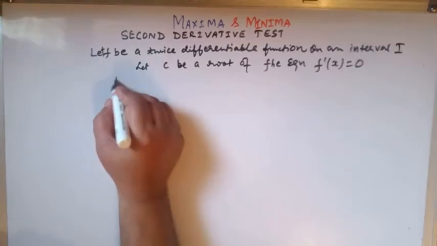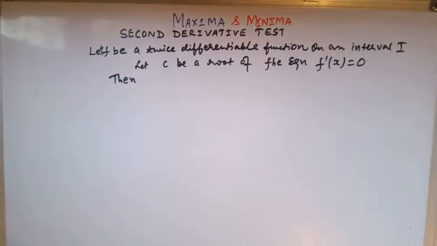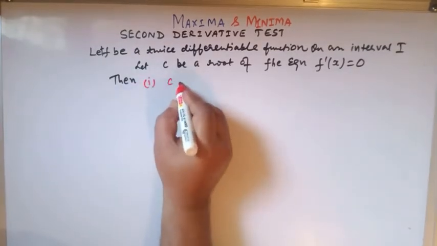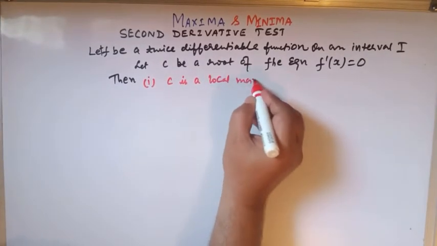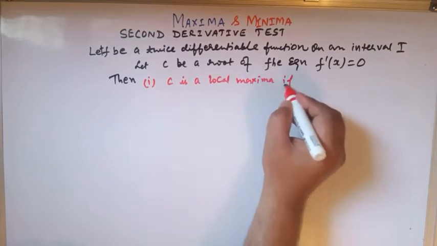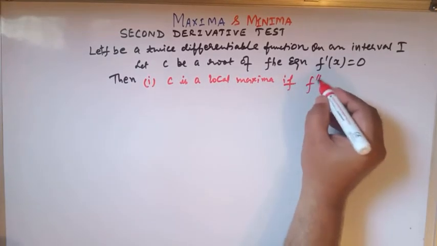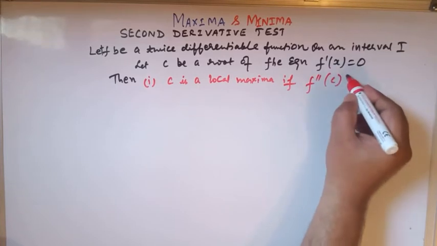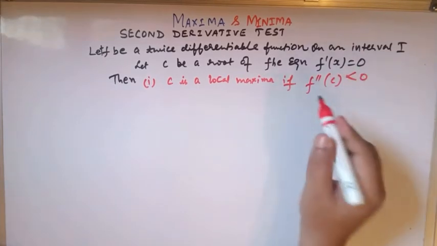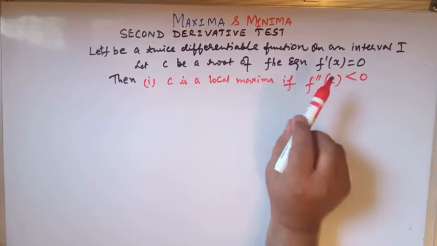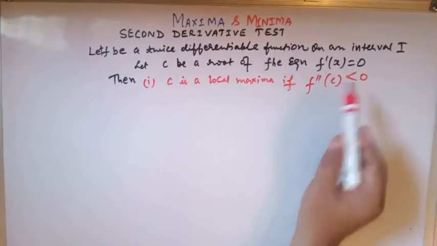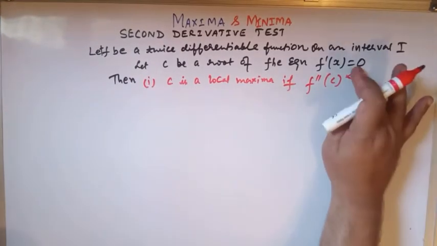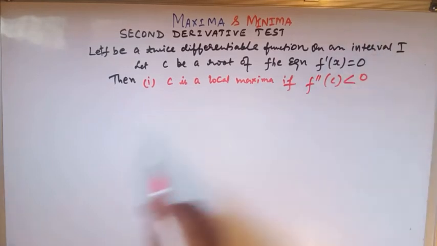Clear? Then we conclude that C is a point of local maxima if the value of the second derivative of f at C is less than 0. Clear? This is less than 0.